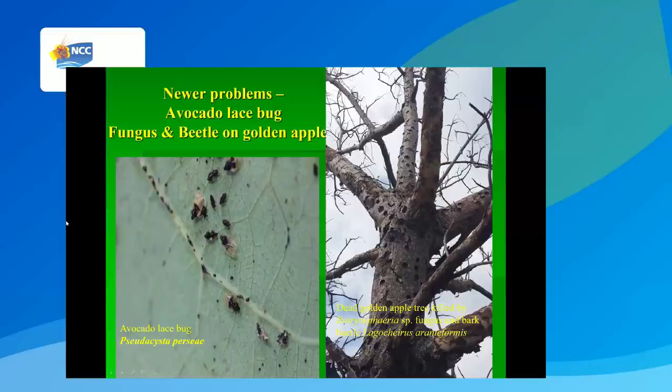The combination of the two of them will kill the tree. So keep your golden apple trees as hydrated as possible, particularly in the dry season, and that should help them to fight off those infestations. Next slide, please.